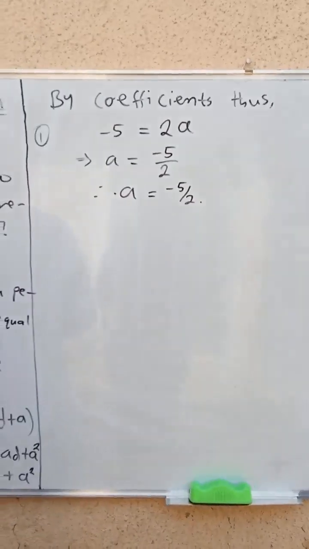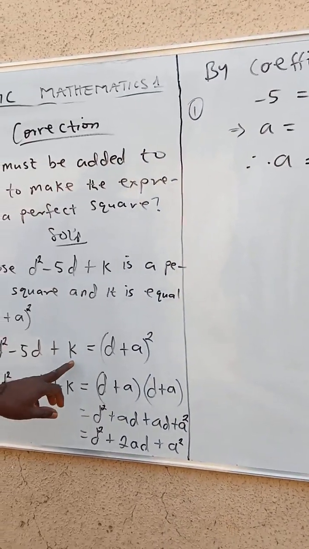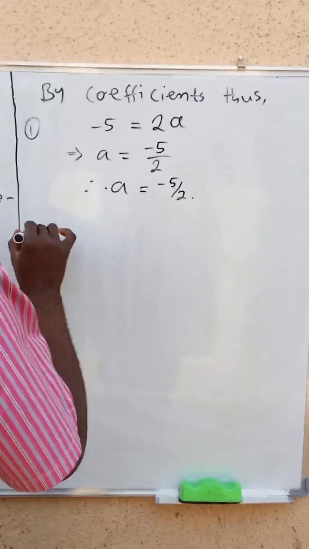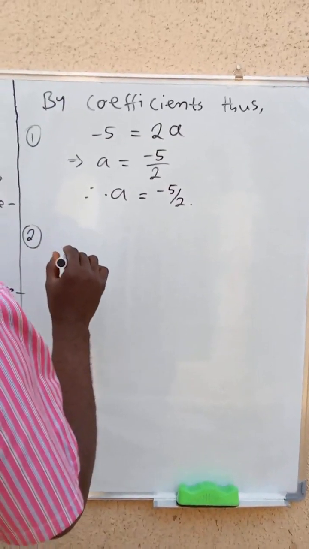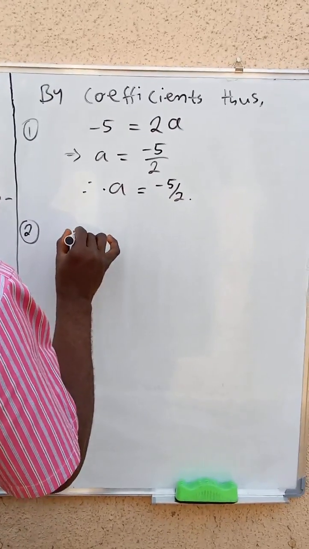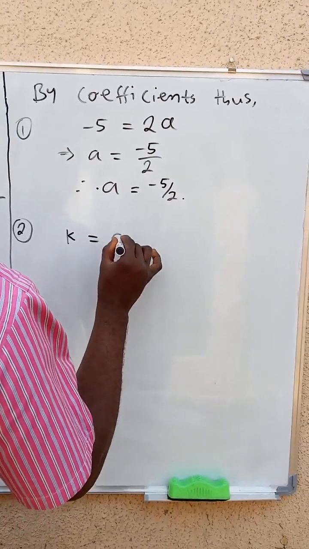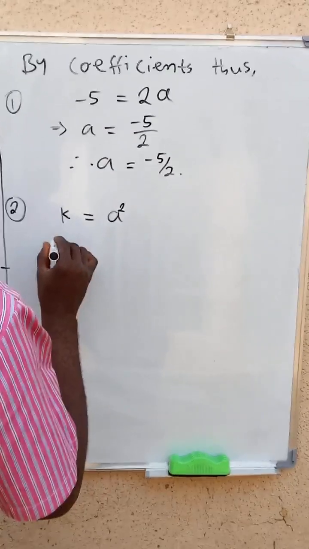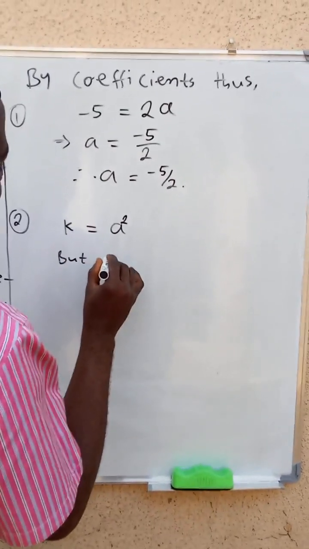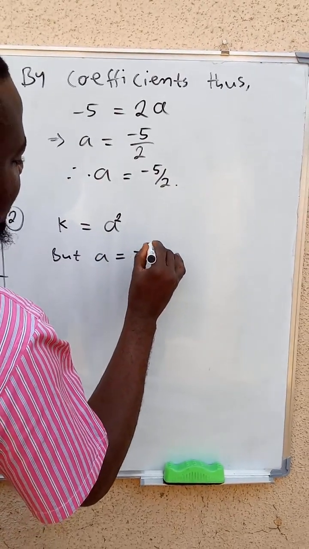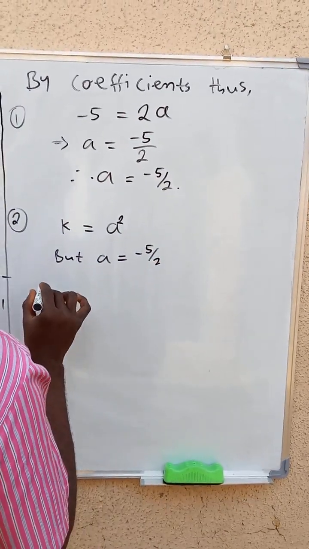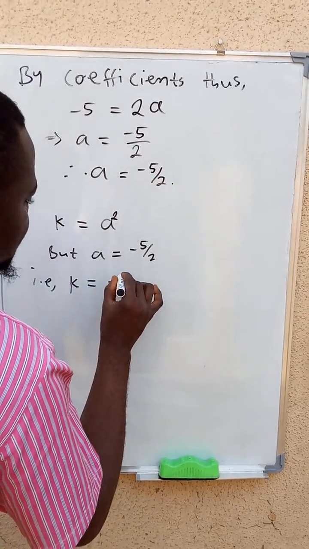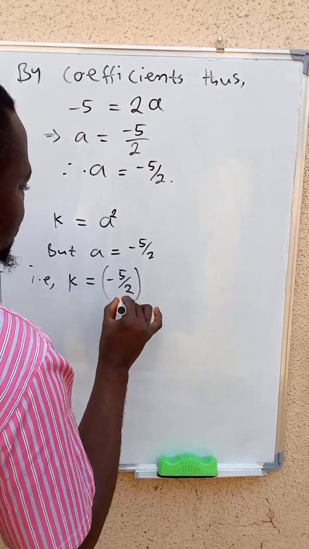Good. Now I need to compare other coefficients. K is a constant, a squared is a constant. So I have that the second coefficient is k is equal to a squared. But a is equal to minus 5 over 2. That is, k is equal to minus 5 over 2 all squared.